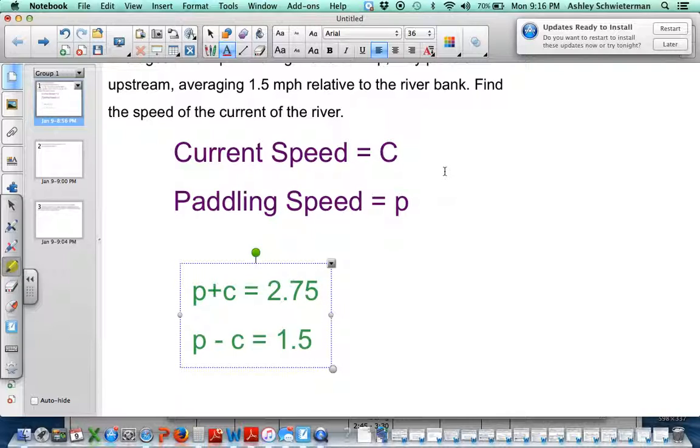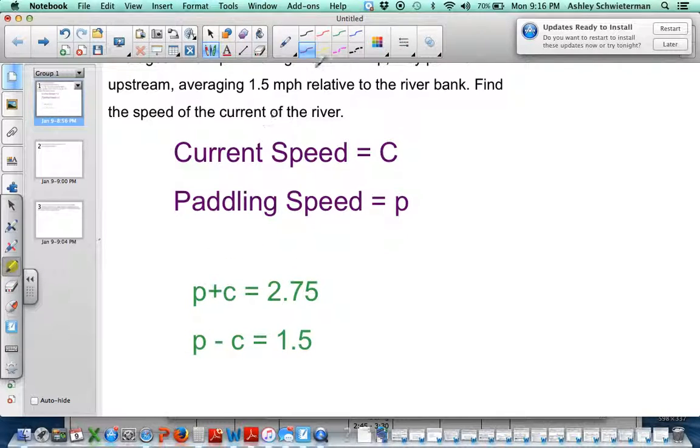And then you have your 2 systems. You have your whole system. You have your 2 equations. Elimination is the easiest, and you can tell that they're going to eliminate simply by adding. You could have subtracted. I'm going to add and get rid of the C's.